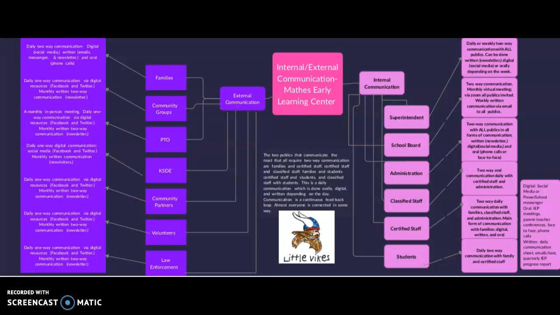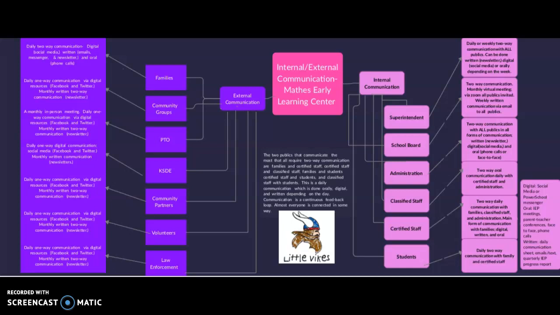Administration has two-way communication with the majority of the publics as well. So families, community groups, PTO, KSDE, community partners, volunteers, law enforcement, the superintendent, school boards, classified and certified staff, and then students as well. I took the administration as our principal, and she definitely has a very open door policy.